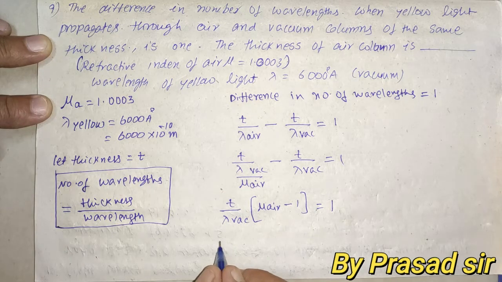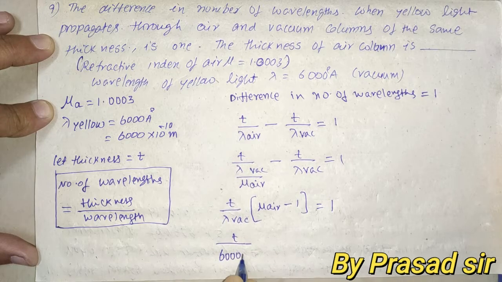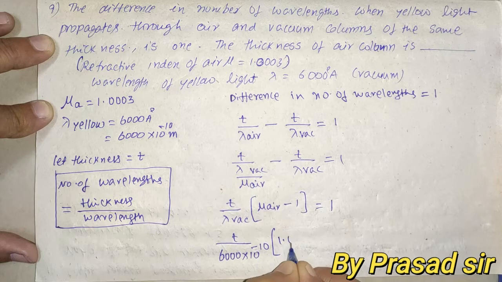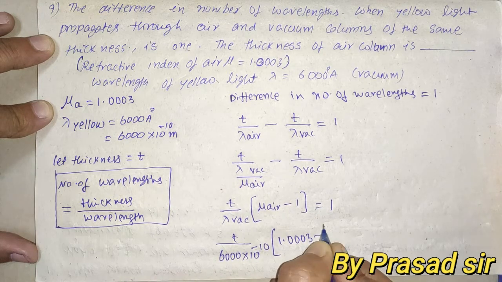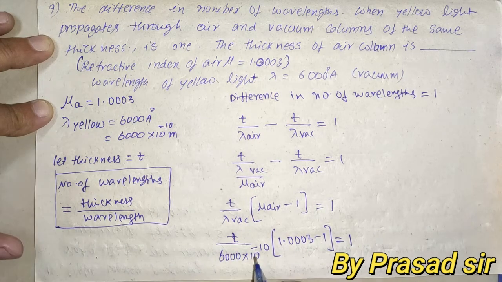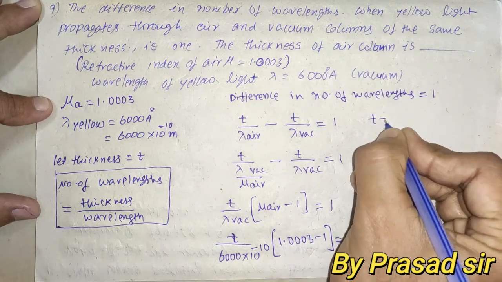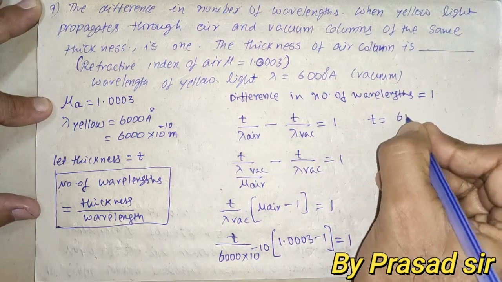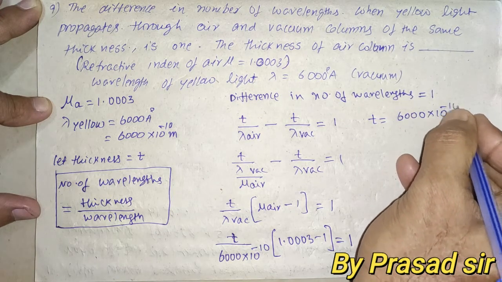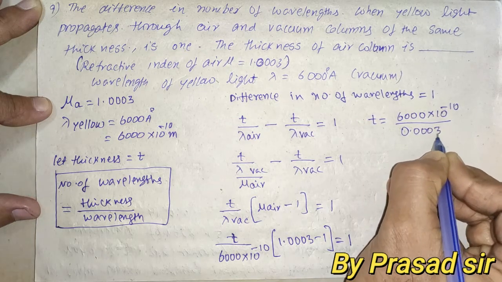So here T divided by lambda in vacuum, that is 6000 into 10 to the power of minus 10, into 1.0003 minus 1 is equal to 1. So here this is thickness I want to calculate. So that's why T is equal to 6000 into 10 to the power of minus 10 divided by 0.0003.